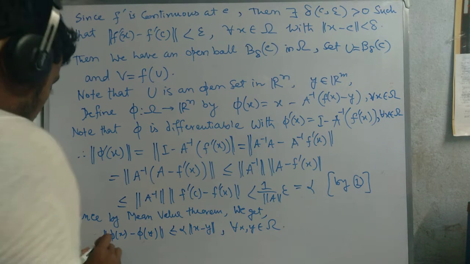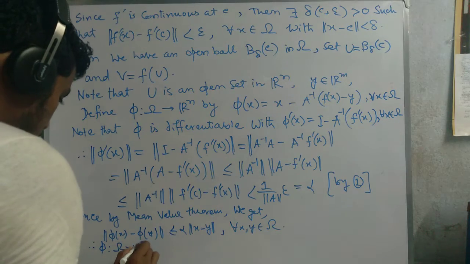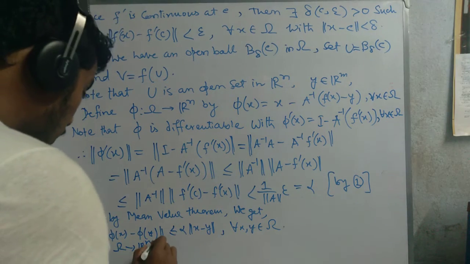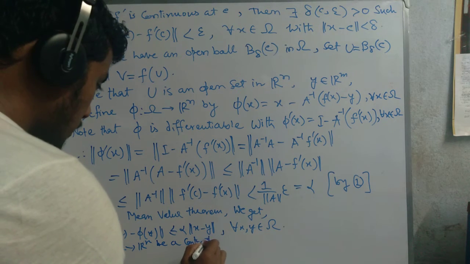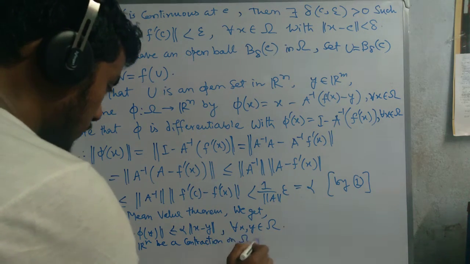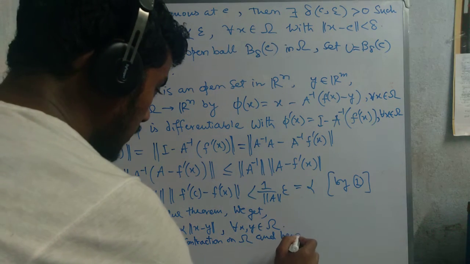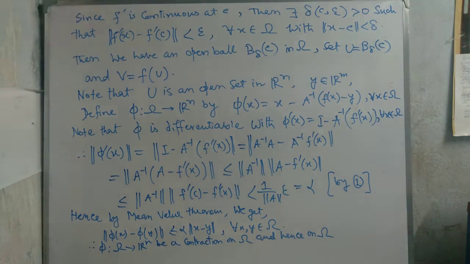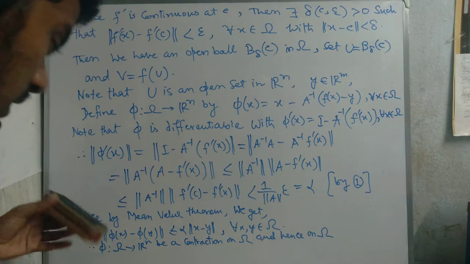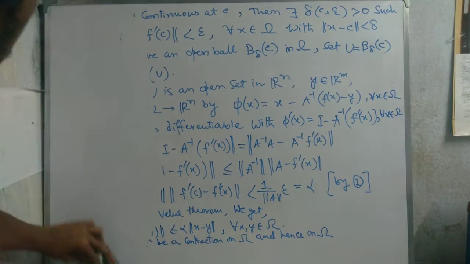So phi from Omega to R^n is a contraction on Omega, and hence on U, phi is a contraction.